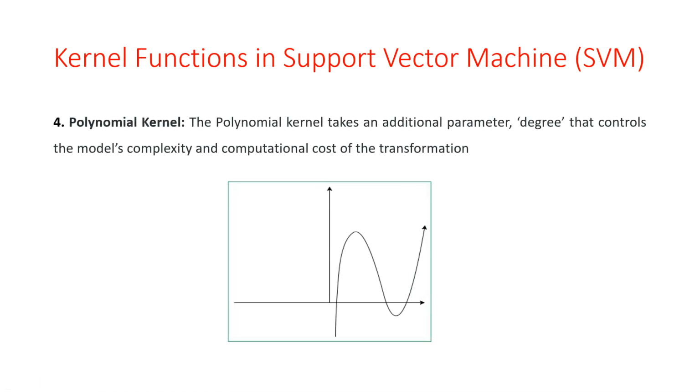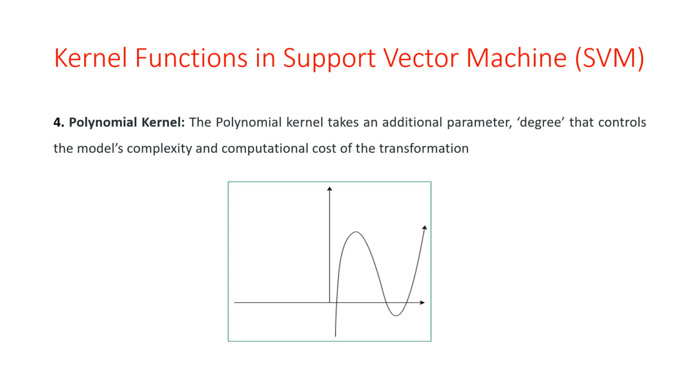The fourth point is the polynomial kernel. The polynomial kernel takes an additional parameter, degree, that controls the model's complexity and computational cost of the transformation. In the previous video we already discussed the parameters used in the kernel functions like the C parameter and gamma parameter. In the polynomial kernel there is one more parameter included, that is the degree parameter.